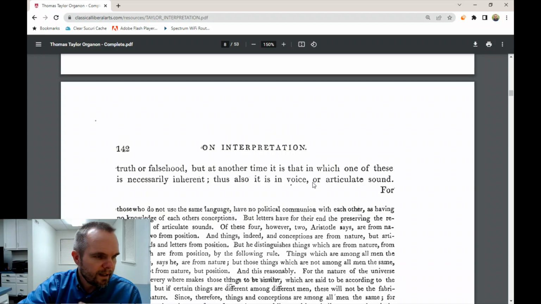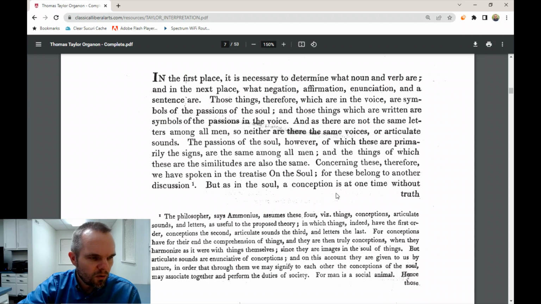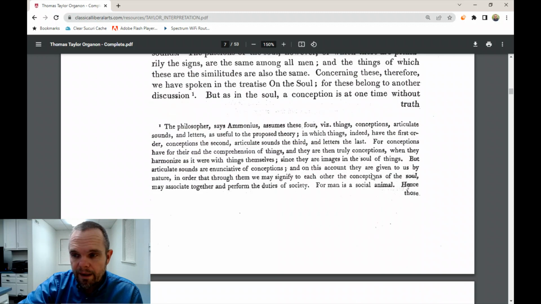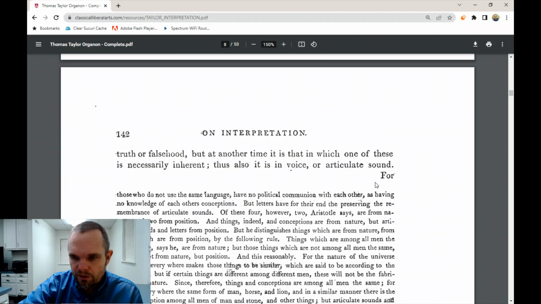So to look at that again: as in the soul, a conception is at one time without truth or falsehood, but at another time it is that in which truth or falsehood is necessarily inherent, so also it is in the voice or articulate sound.